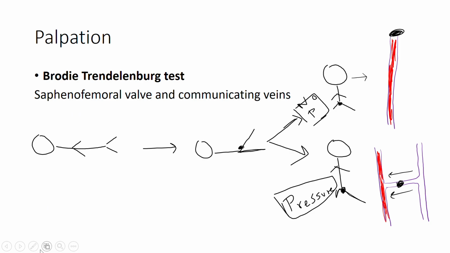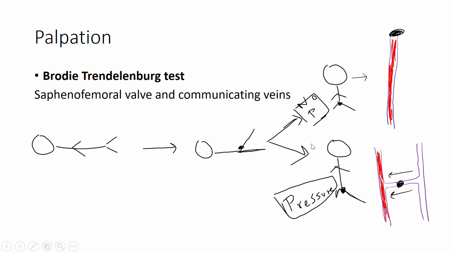So now, next, there are certain special tests that have to be performed in a person with varicose veins. So the first one is the Brodie-Trendelenburg test. Now this is to check for incompetency of the saphenofemoral valve or the communicating veins. Now ask the patient to lie down. Then secondly, ask the patient to raise his leg so that there's emptying of the veins, and apply pressure using your thumb.